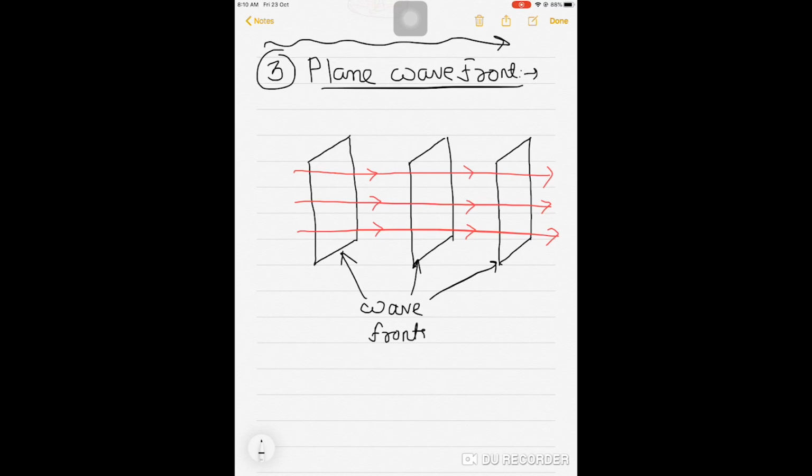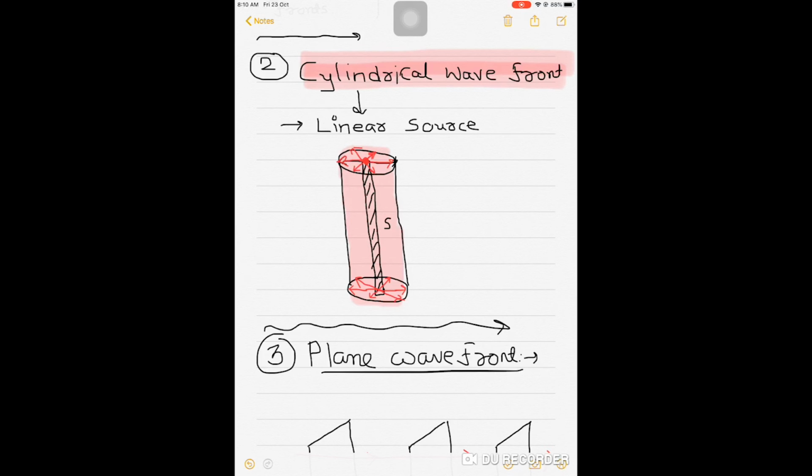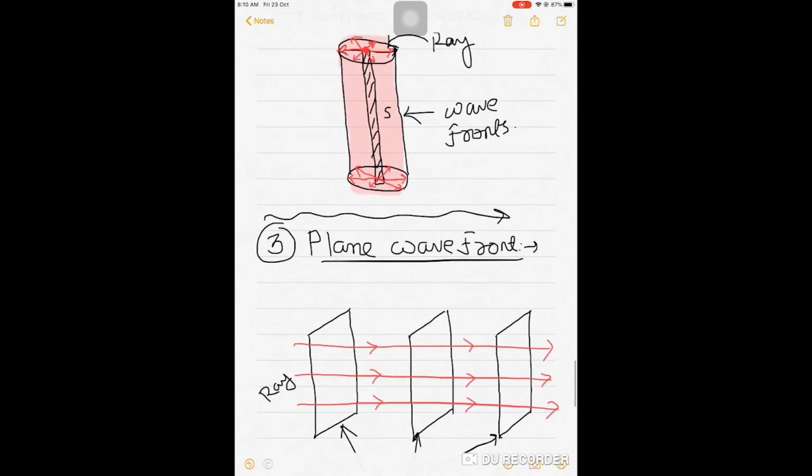So here it is interesting to say that wherever we have drawn this red line in the figures above, here we have written the term ray. You can say that this is ray, this is my wavefront. So what is actually this ray term that comes out from the information?